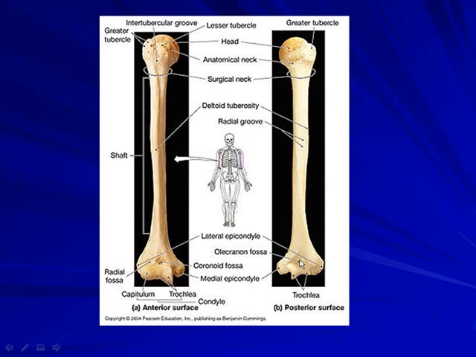So you should be able to identify this region, and you should know that this is the posterior aspect of the bone. You also should be able to identify the deltoid tuberosity. Next week we'll talk about the muscles that insert here. The deltoid muscle actually inserts on this bone at the deltoid tuberosity.